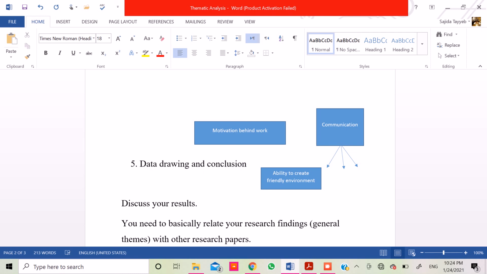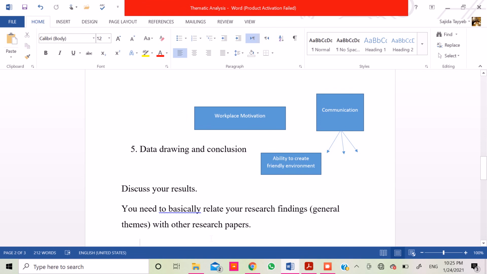Here you can say, for example, the research finding in the study is that communication is one of the major themes playing as the motivation behind workplace motivation. Then you can say that behind workplace motivation, communication is one of the major themes that plays an important part, and you can link it with other research papers.